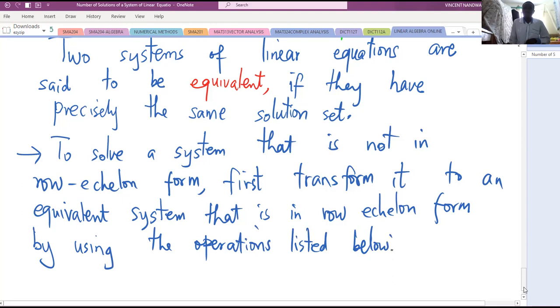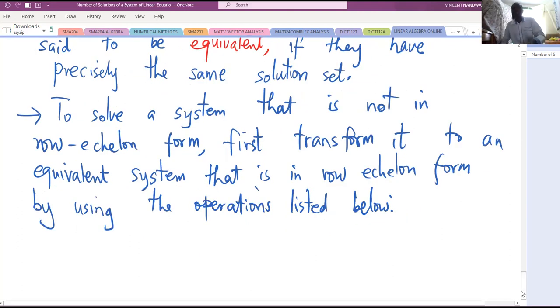The following three operations are the ones that lead to an equivalent system.